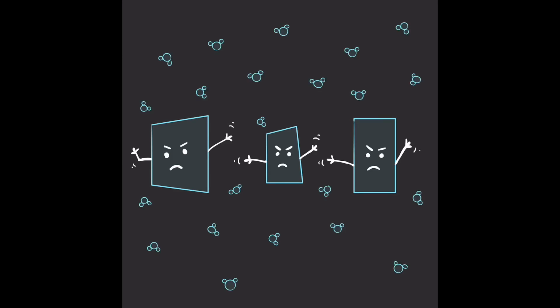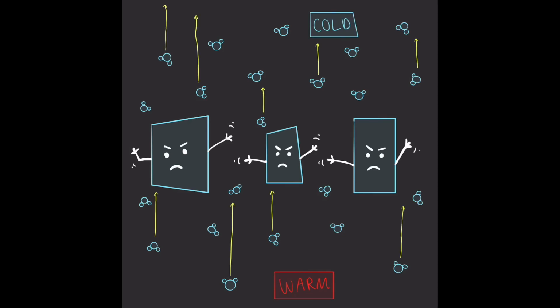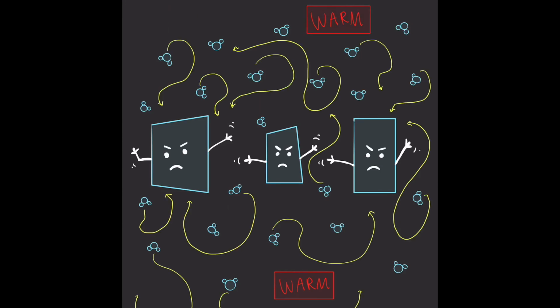Now, when we think about the conditions that created the facets, they arose as a result of cold air temperatures, which caused the water vapor to move upwards in the snowpack. So it was only depositing on the underside of the snow grains, and it was forming these facets. But if the conditions change and the air temperature warms up, then that water vapor is free to move throughout the snowpack.